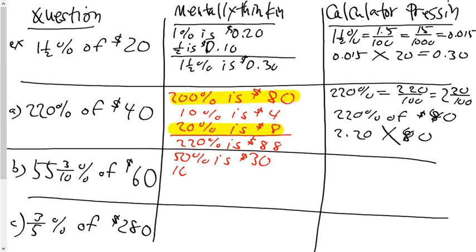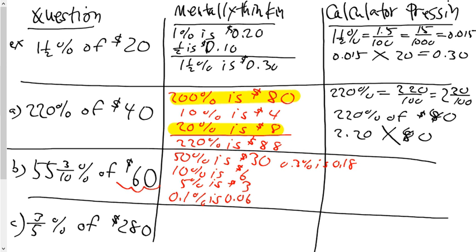Next one I want to find out is 10%, which is, move the decimal over, $6. 5% is half of that, which is $3. 0.1%, we move it 3 times, is 6 cents. And therefore 0.3% is 18 cents, tripling it.